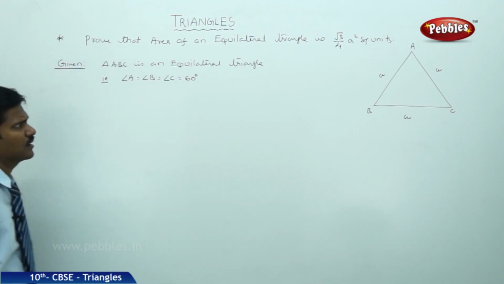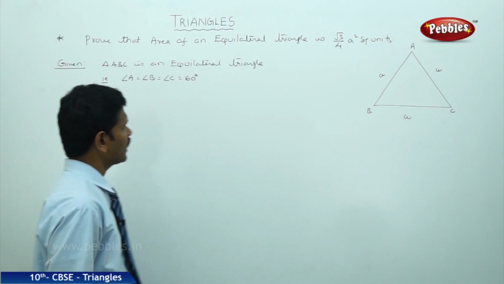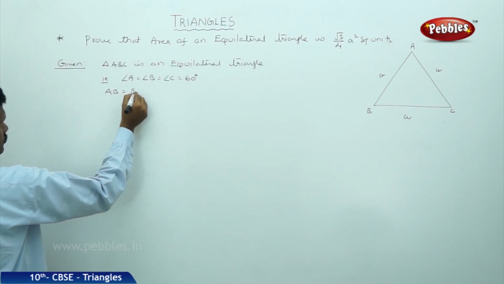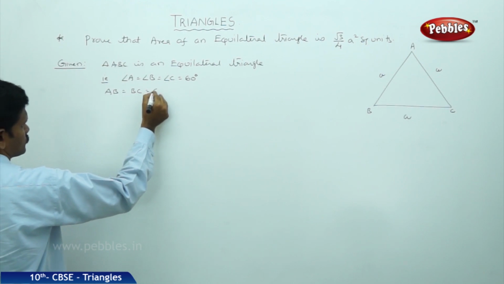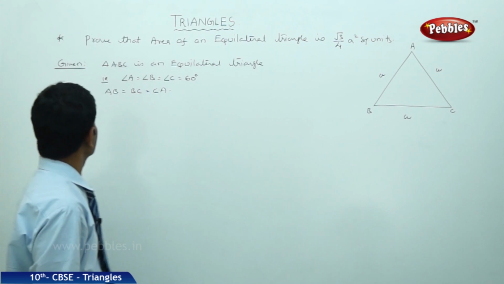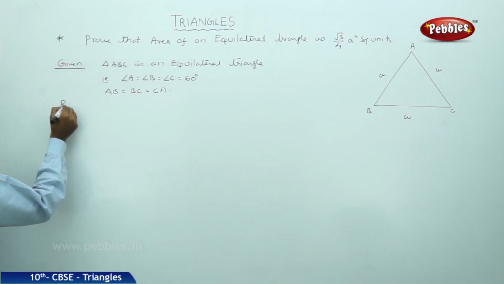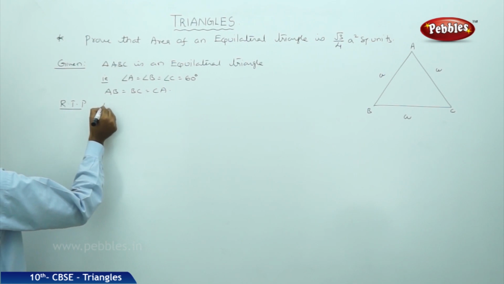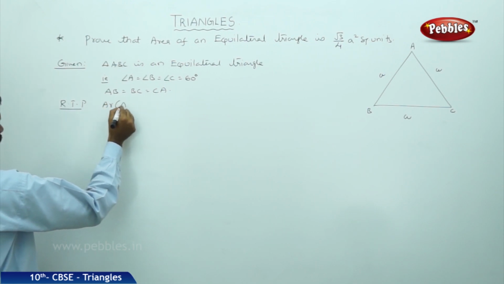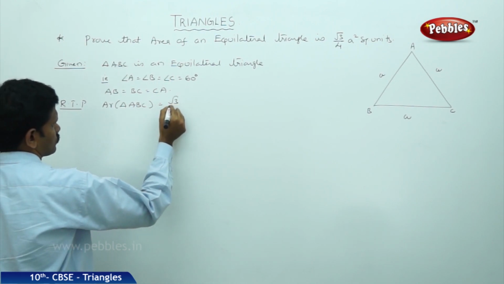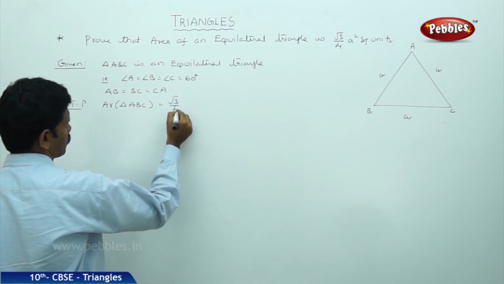That means all three angles are equal and all three sides AB is equal to BC is equal to CA. Now RTP: area of triangle ABC is equal to root 3 by 4 a square.